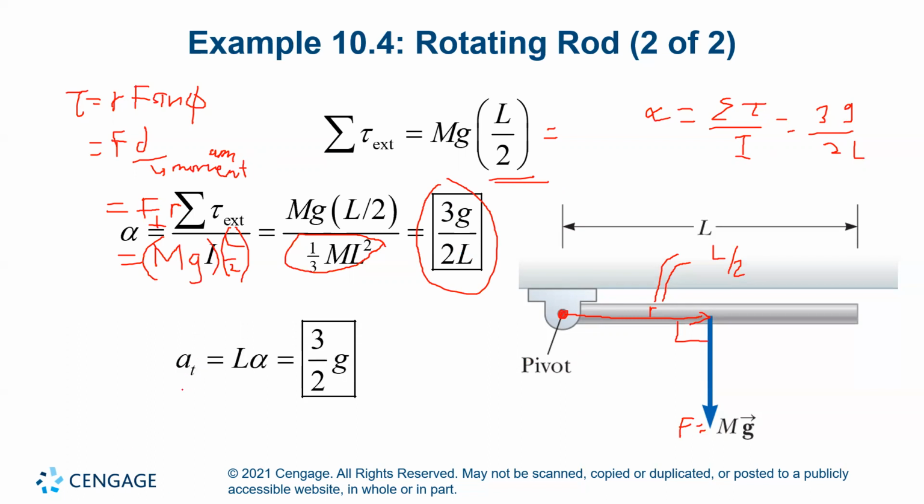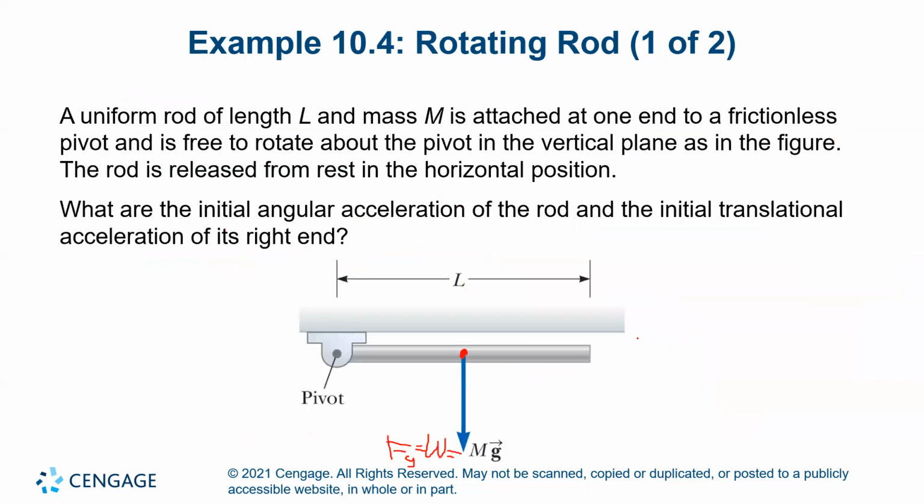And the translational acceleration, which is also asked in the problem, is just equal to r alpha, right? And our r here is the whole length of the rod, which is L, because the question is, what is the initial translational acceleration at the right end?